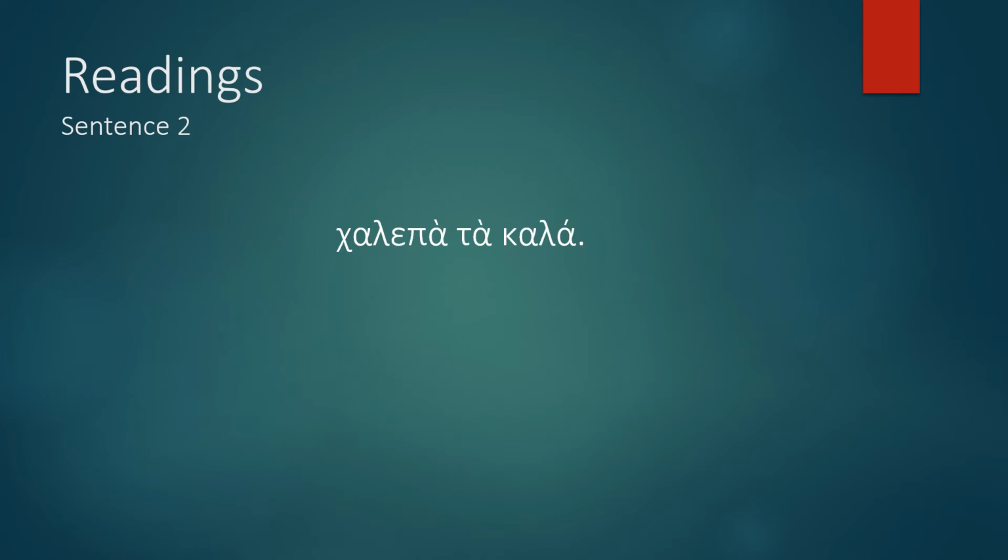So neuter, plural, though, that means usually things, the good things. And we supply are because kalapa is in predicative position. Good things or noble things. And this is a good example of a generic article. Noble things are difficult. And there we go.